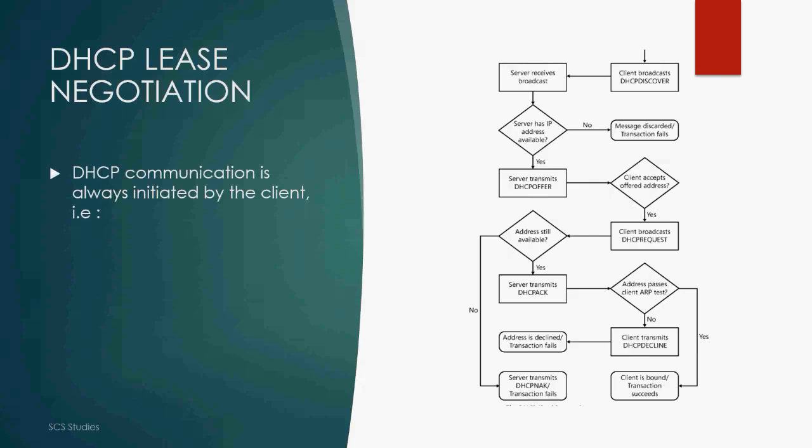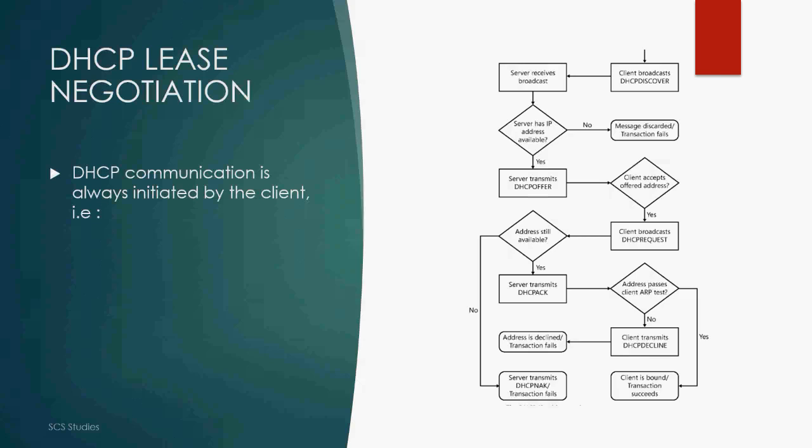Once the client accepts the offered address, the client broadcasts a DHCP request. If the address is still available, then the request will be acknowledged. This process is known as DORA. Now, if the address passes the client ARP test, then the client will bind the transaction successfully.